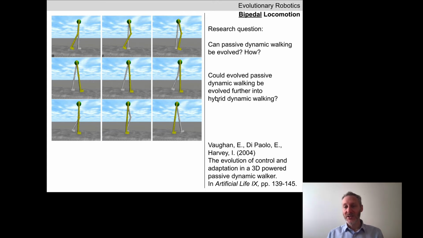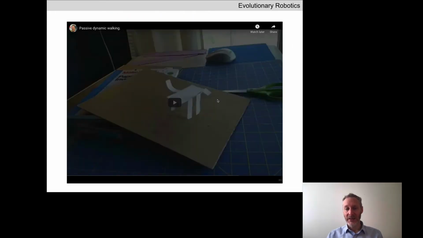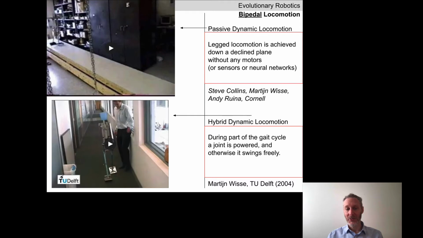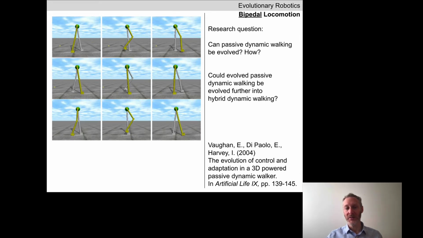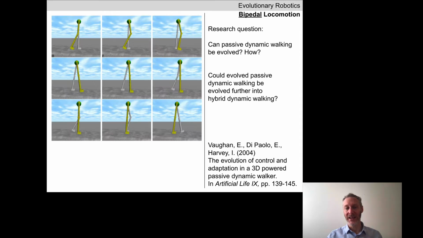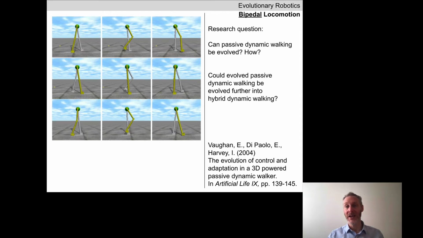The second question they posed is, again, like the hybrid dynamic walker that we saw last time, can they then continue evolution but alter the environment in which the robot evolves? You'll notice in the second phase of evolution, the robot is now going to be evolved on flat ground, but they're starting with the passive dynamic walker.